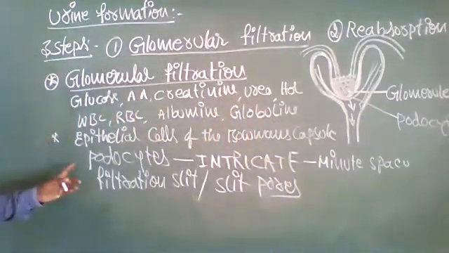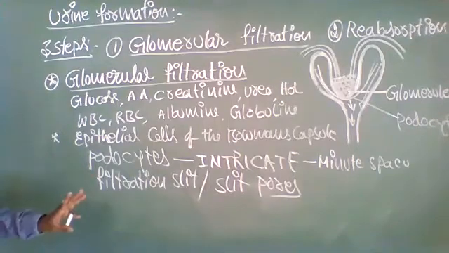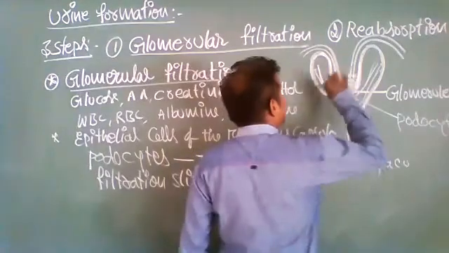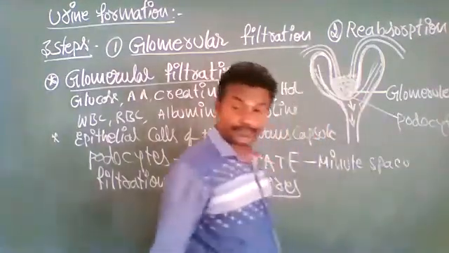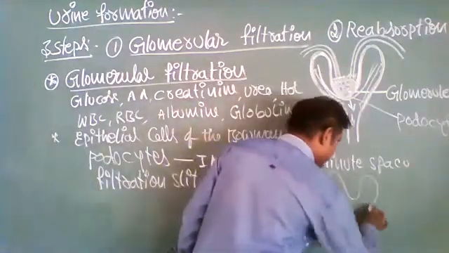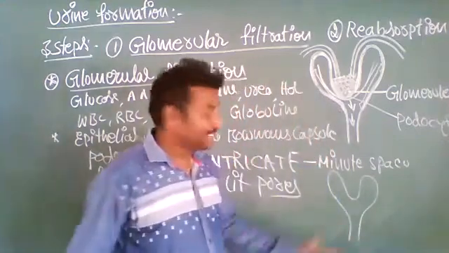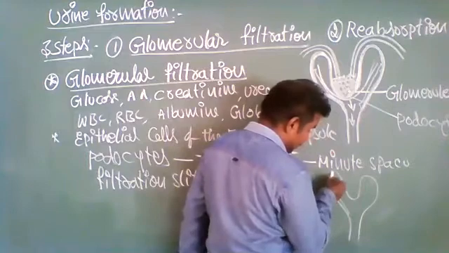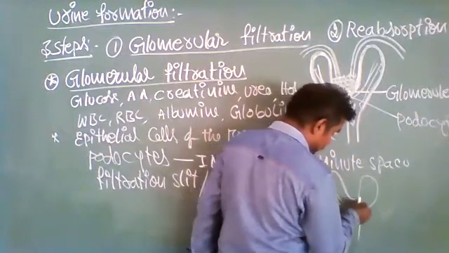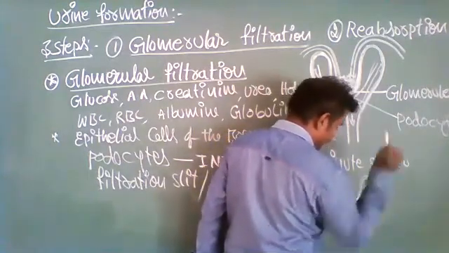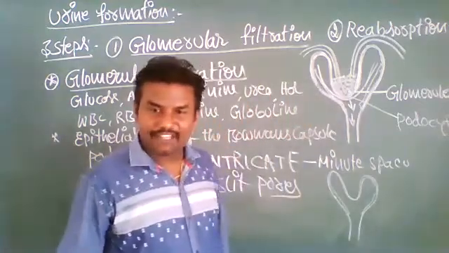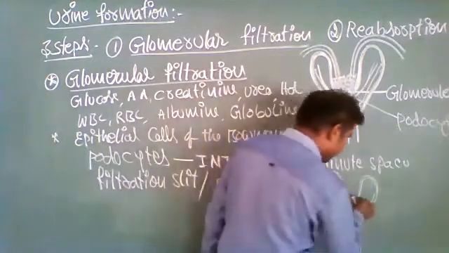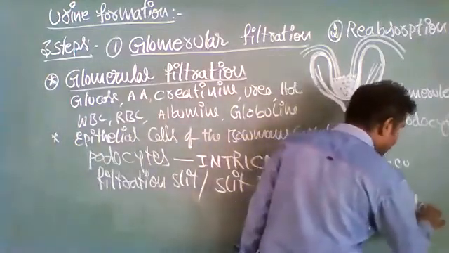Okay, that's it. So this is Bowman's capsule. Here, the epithelial cells of the Bowman's capsule are called podocytes.